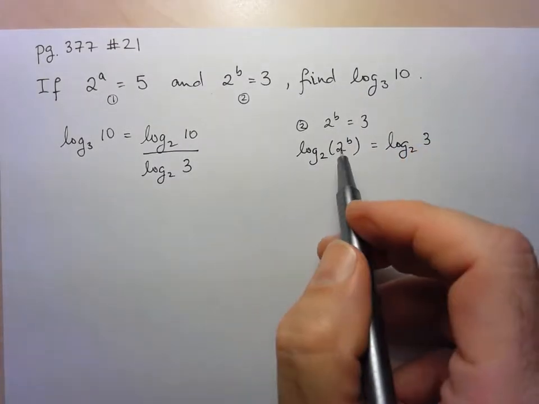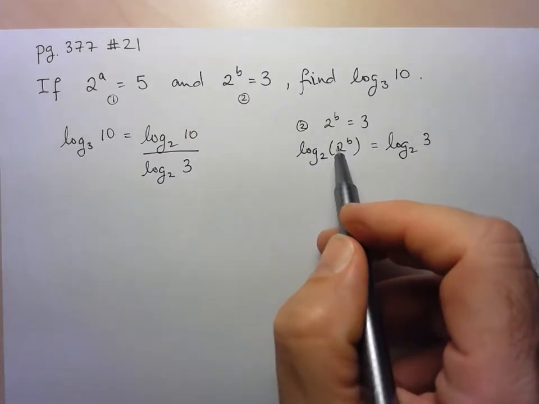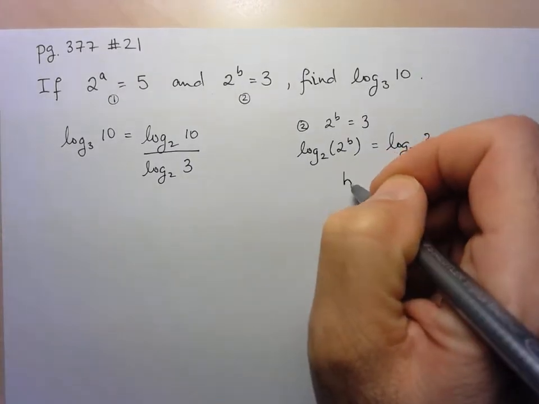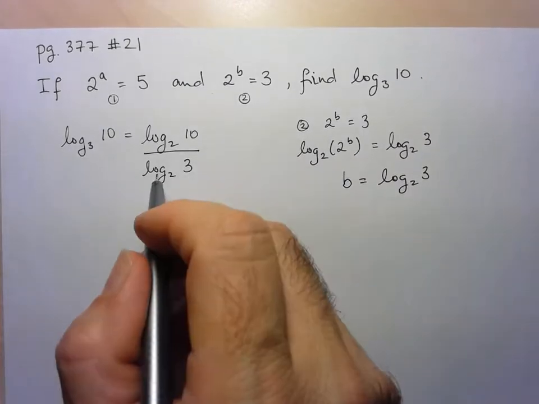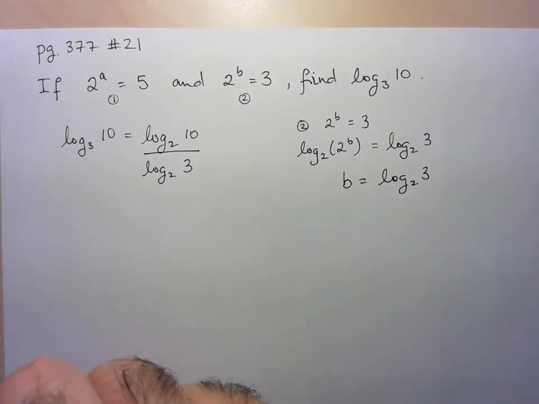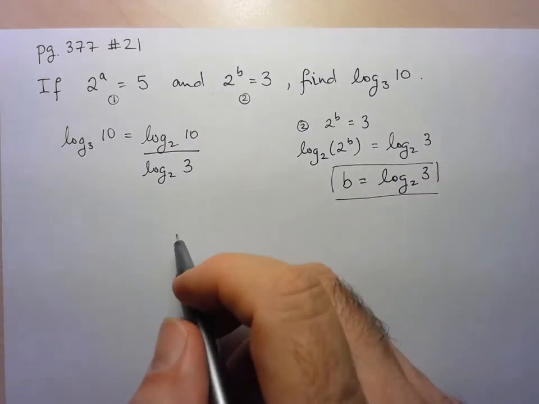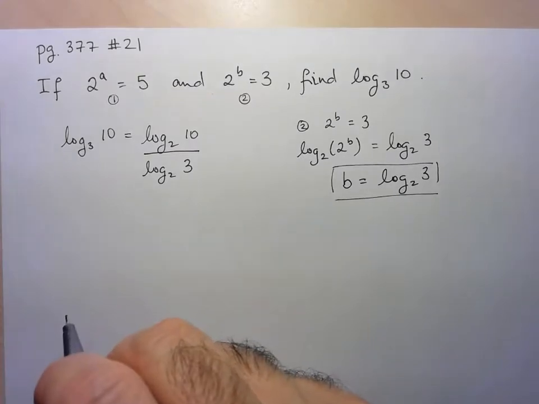Remember that 2 to the x and log base 2 of x are two inverse functions, so if I apply them one after the other, I just get my original input back. So this is just equal to b, and that's equal to log base 2 of 3, which is exactly the denominator that I'm working with. We just figured out that this denominator has to be equal to b.